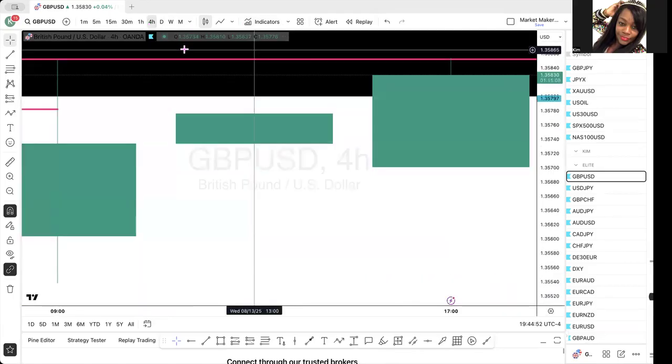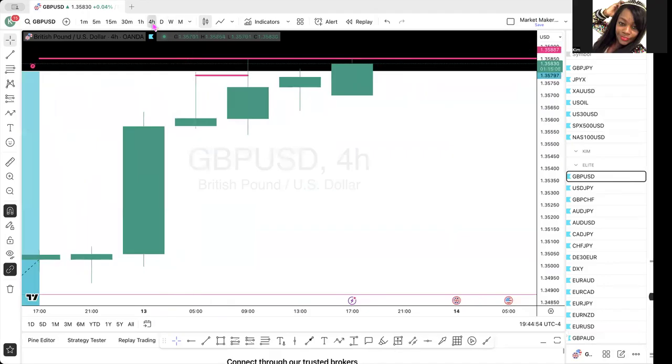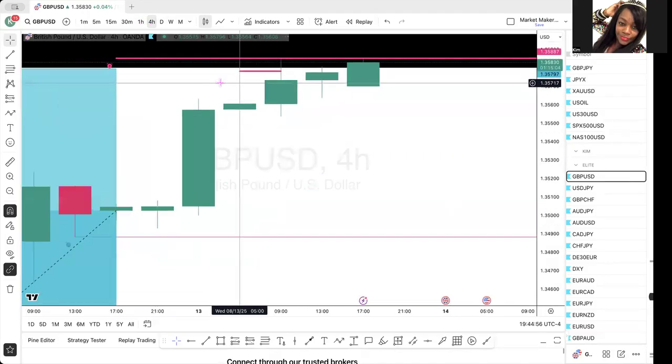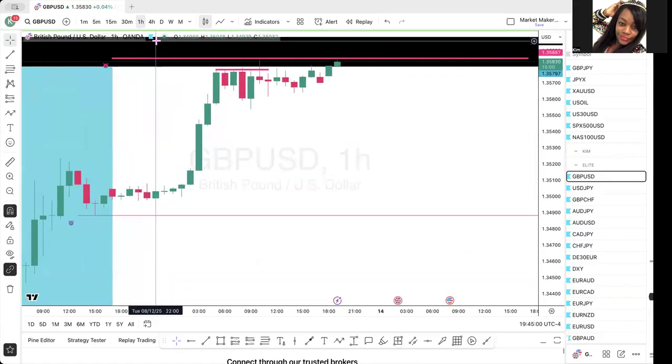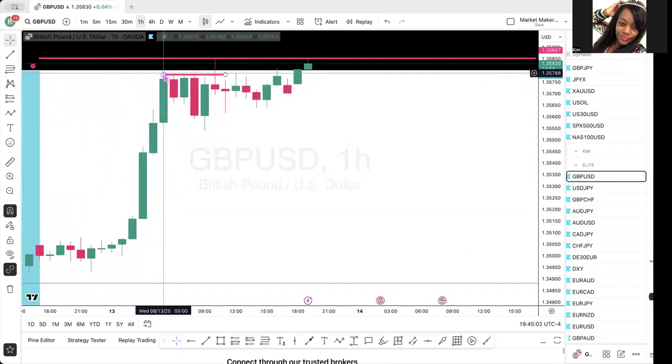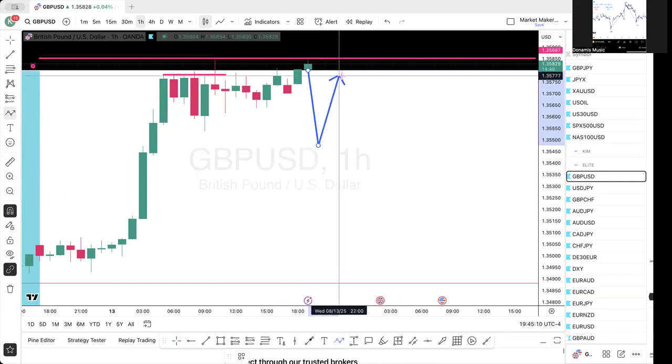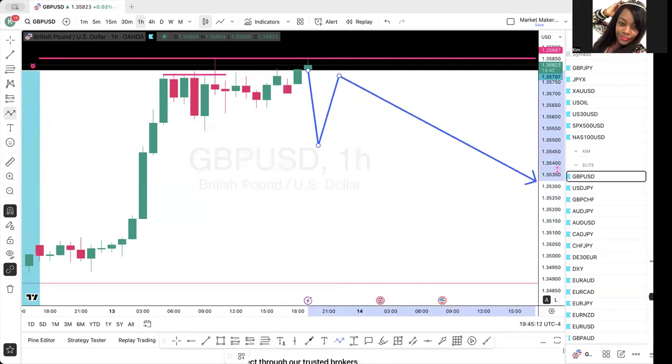If it is, I need to start looking for a market structure shift to pull back into and then start selling.